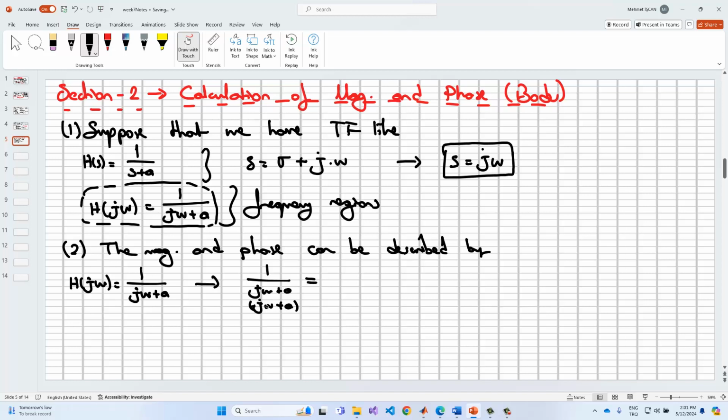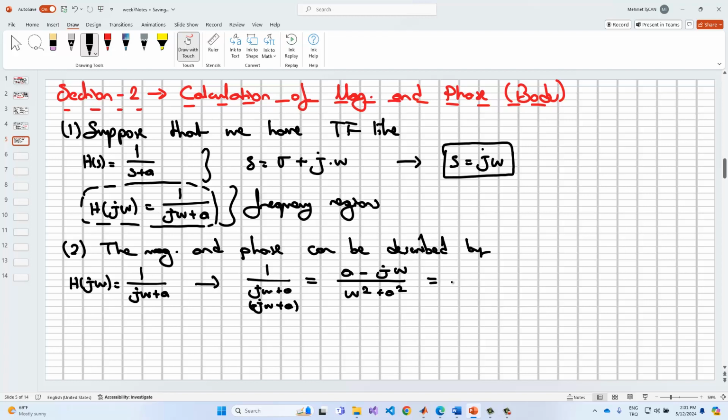So we have a minus j omega divided by omega squared plus a squared.